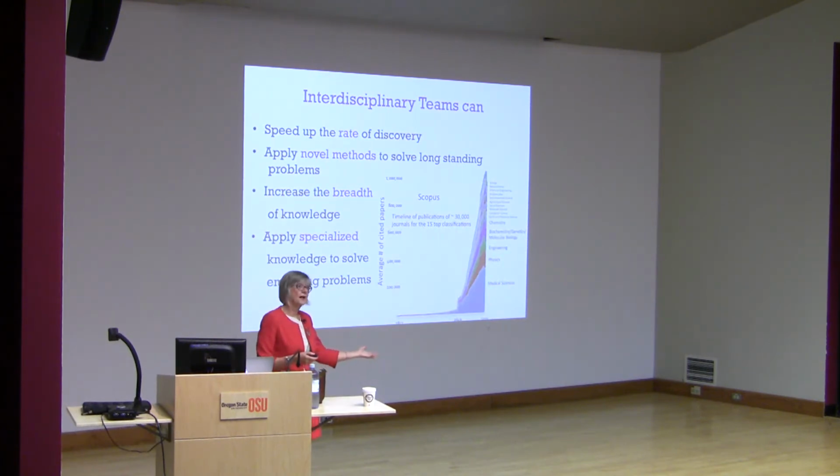We can apply novel methods, because it's only when we have novel methods put to use at a problem that the old methods don't work on that we can move forwards. We have this enormous increase of knowledge and facts that we have to deal with, and then we have to apply specialized knowledge to look at maybe emerging problems.